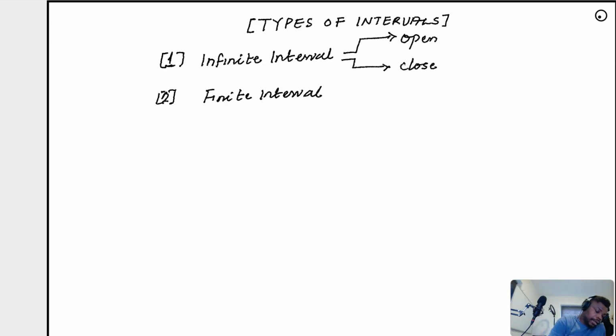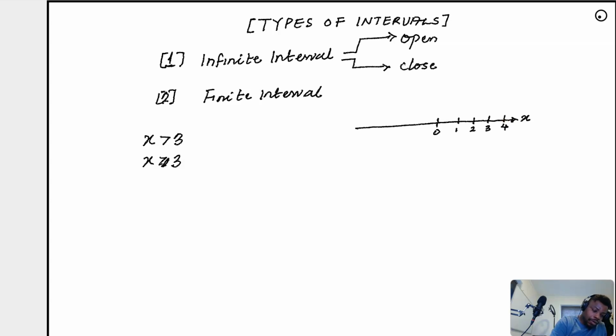So in explaining this, let's assume I have x is greater than 3 and x is greater or equals to 3. Okay, let's take a number line with x-axis. So this is 0. This is 1. This is 2. This is 3.